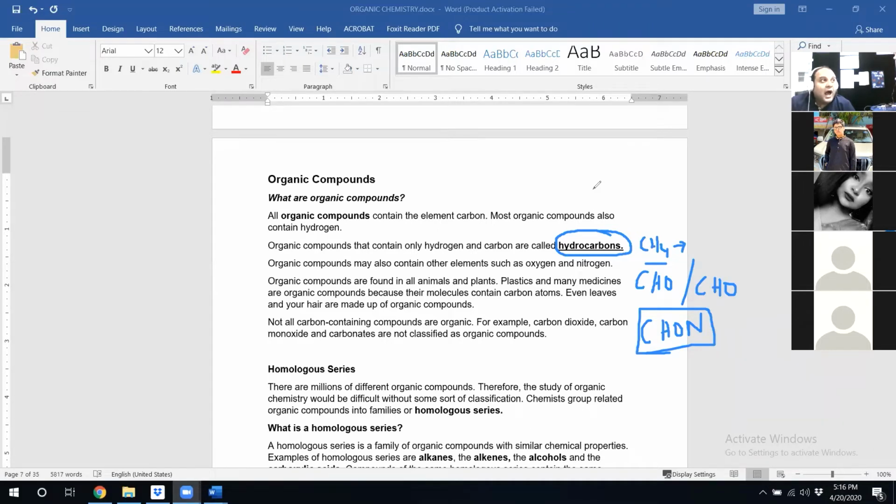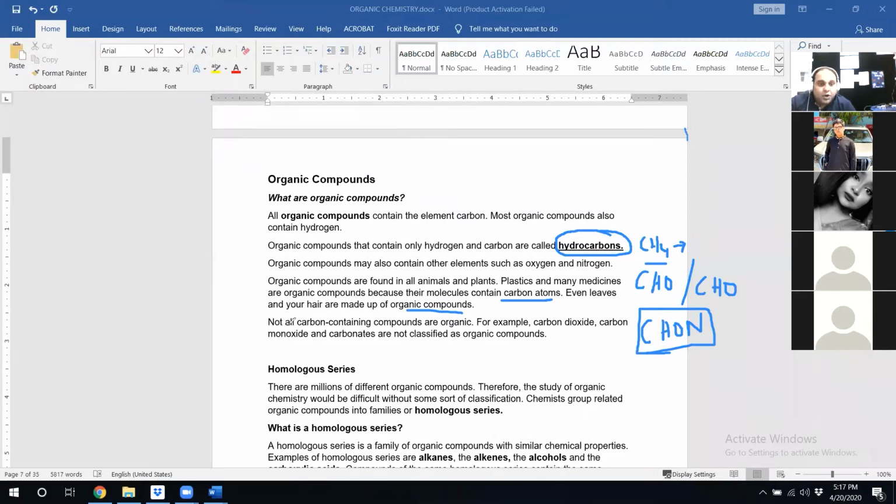These are all organic compounds. Organic compounds are found in all animals and plants. Plastics and many medicines are organic compounds because the molecules contain carbon atoms. Even leaves and your hair are made up of organic compounds.